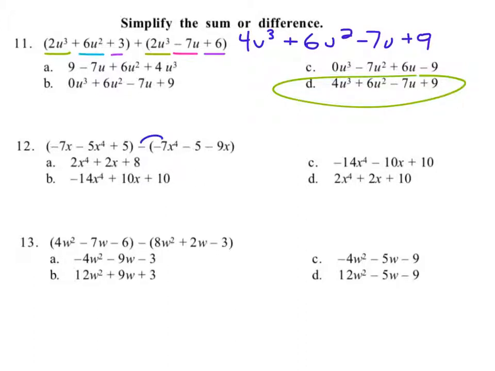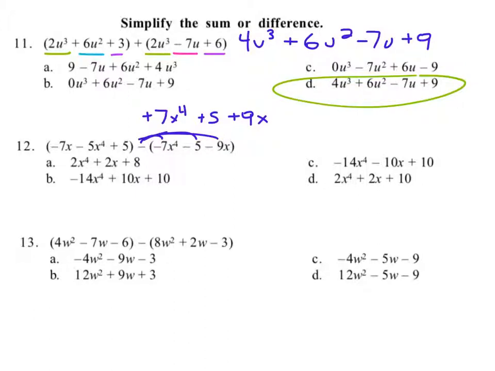Subtracting a negative 7x to the fourth, negative 1 times negative 7 is positive 7x to the fourth. And then the negative of negative 5 is plus 5. And then the negative of negative 9x is positive 9x. So we're combining that with what was in this first polynomial.